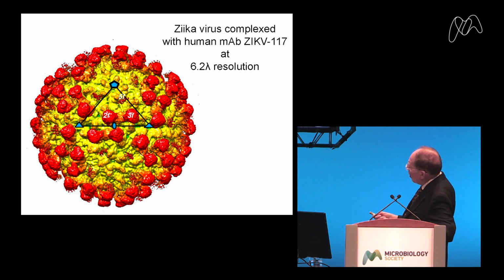This is near the two-fold axis, that's why we called it 2F, and that's near the three-fold axis, why we call it 3F. Now, we'd expect 3 such sites, because there are 3 independent monomers, and each monomer would have the same binding site. So we would expect 3 Fab binding sites.